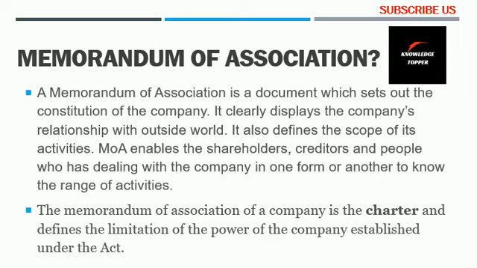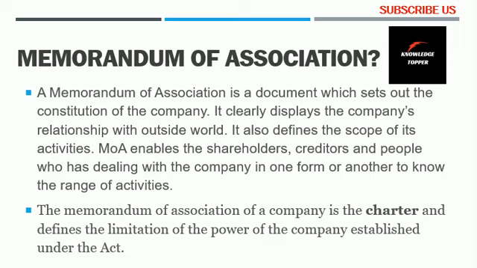Why do we say Memorandum of Association is a charter or the principal document of a company? Because it contains the rights, the privileges, and the powers of the company. Memorandum of Association is basically the most important document of a company. It states the objects for which the company is formed, and as I already discussed, it contains the rights, privileges, and powers of the company.